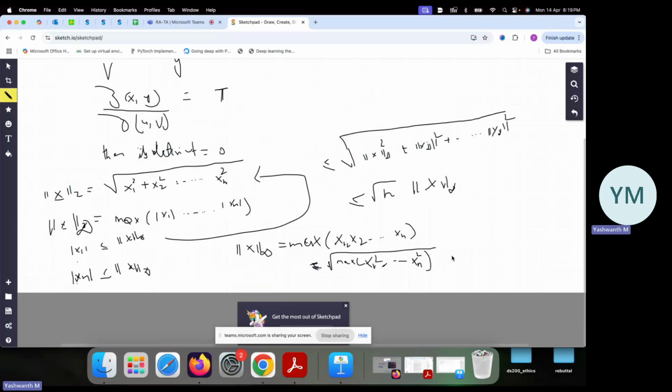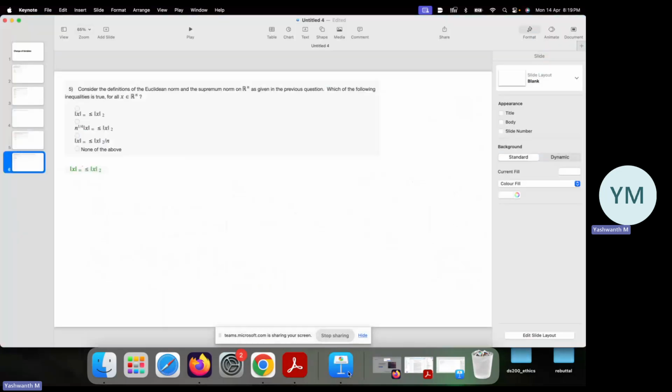But this is less than or equal to, since all are positive, the max of positive numbers is less than or equal to the sum of positive numbers. So x1 squared plus and so on plus xn squared, and this is equal to the norm x2. So this is the right answer.